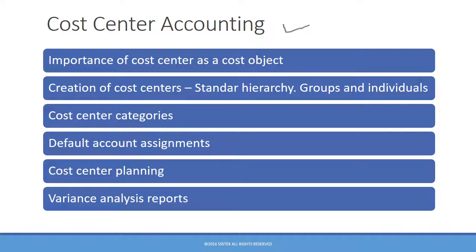So, the cost centers need to be properly organized in a hierarchy and grouped so that finally meaningful reports are drawn from cost centers. That is the importance of cost center as a cost object. We will learn how to create the cost centers, standard hierarchy, groups, and individual cost centers.